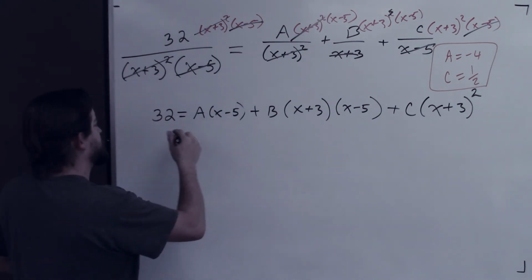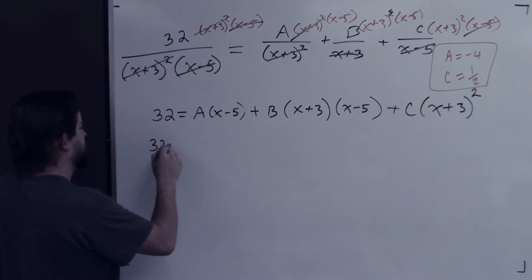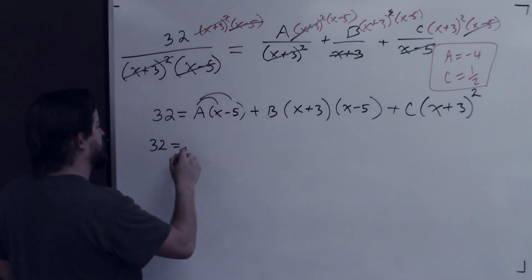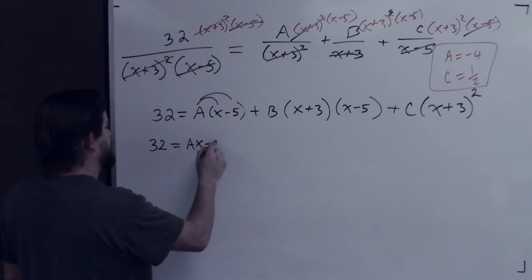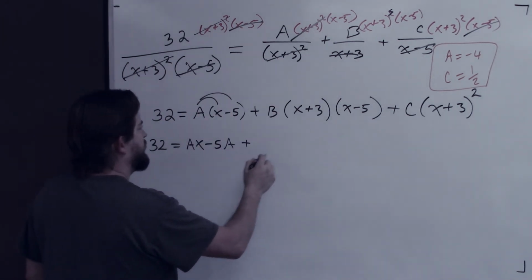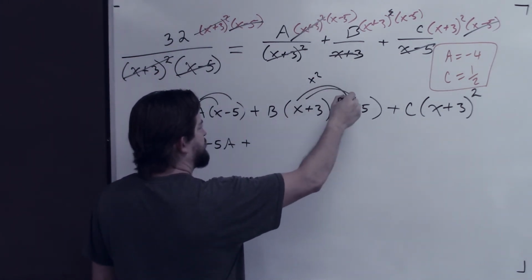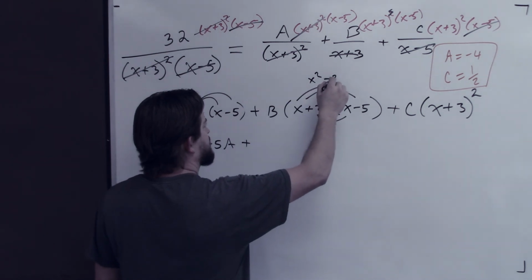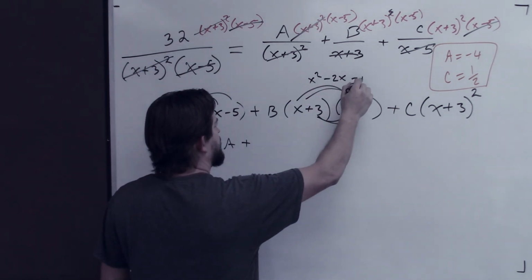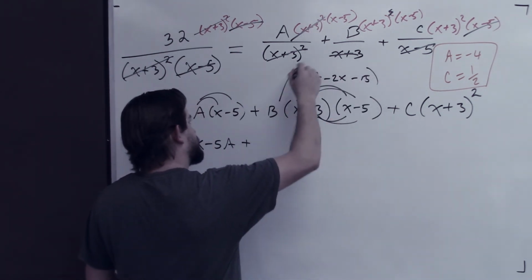So I'll expand some stuff. This is 32 equals ax minus 5a plus this is x squared minus 5x plus 3 more x is minus 2x and then minus 15. And I'm going to take my b and distribute it through there.